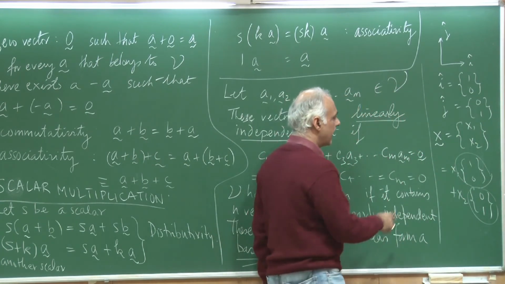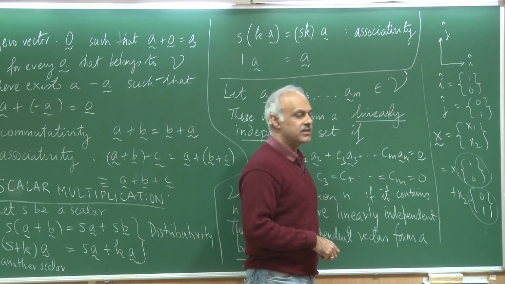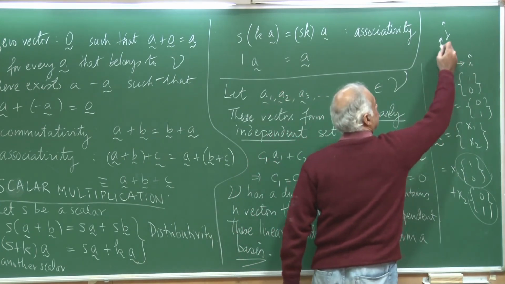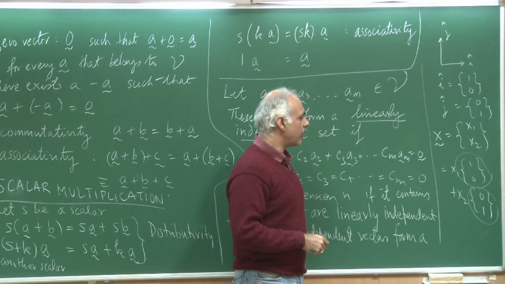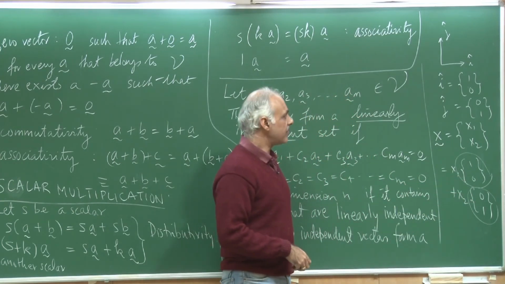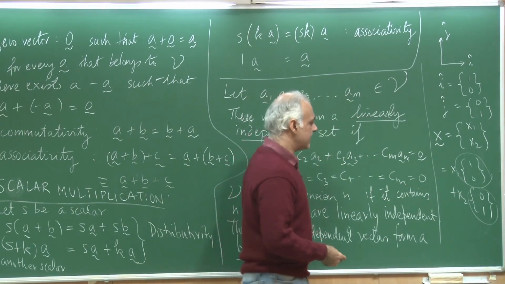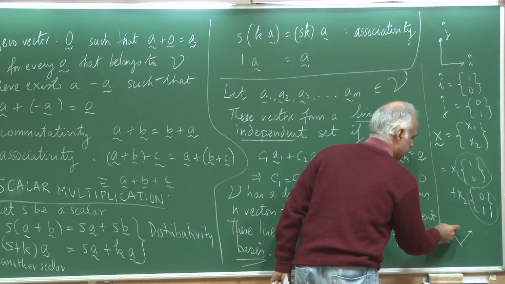So I have been able to write any general vector which lies in the plane of this blackboard as a linear combination of these two basis vectors. You can actually repeat this exercise and say, I would like to tilt my vectors.